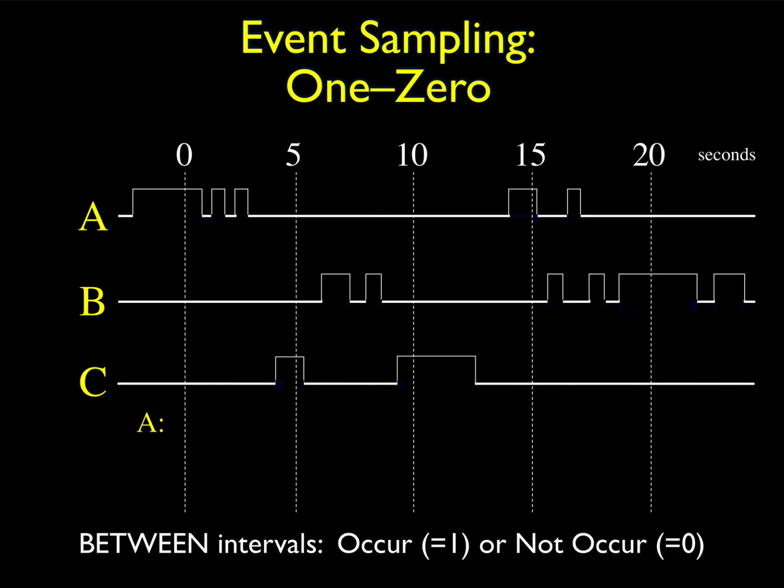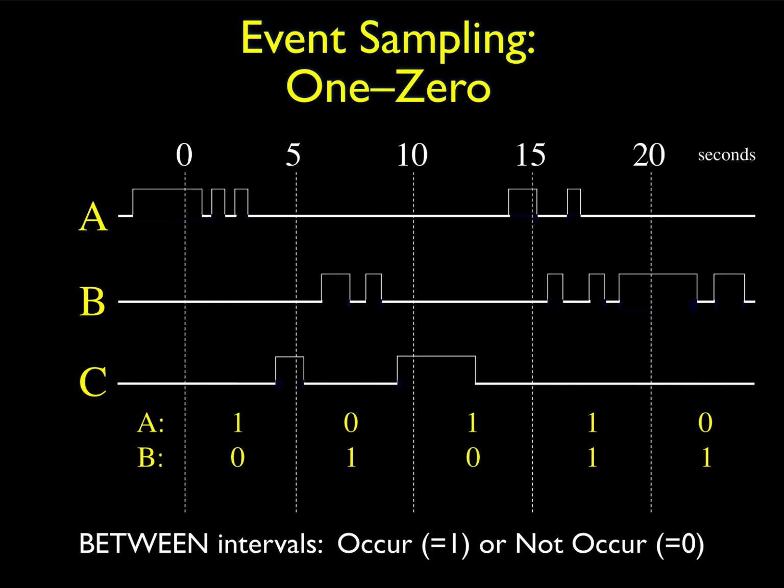A. Did A occur between 0 and 5 seconds? Yeah. Gets a 1. Did it occur between 5 and 10 seconds? No. Gets a 0. Did it occur between 10 and 15? Yep, sure did. What about 15 to 20? It did. Okay. And then after 20, it didn't. Okay, so we'll fill in the rest.